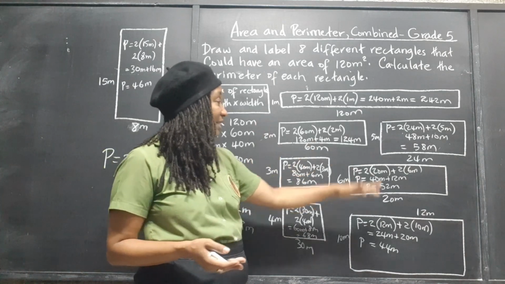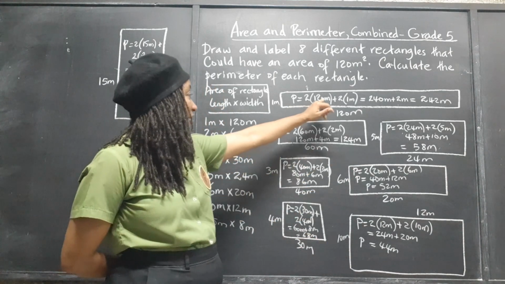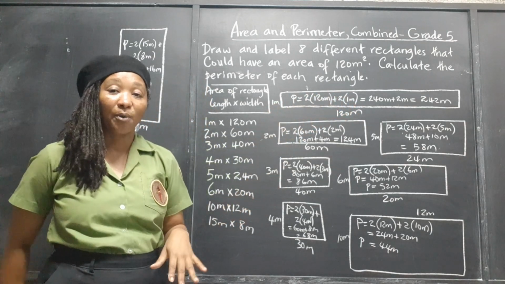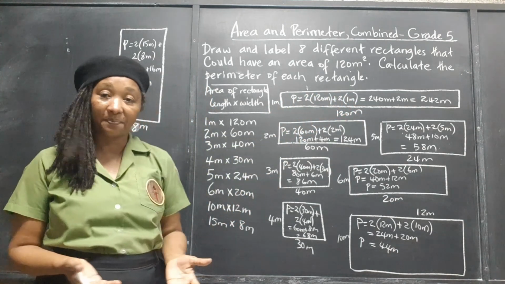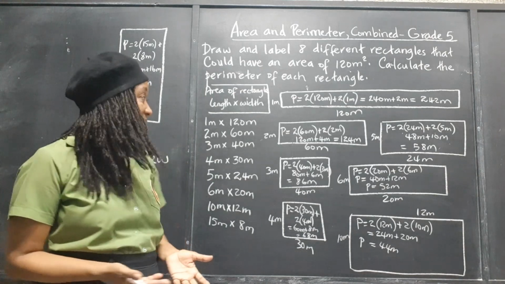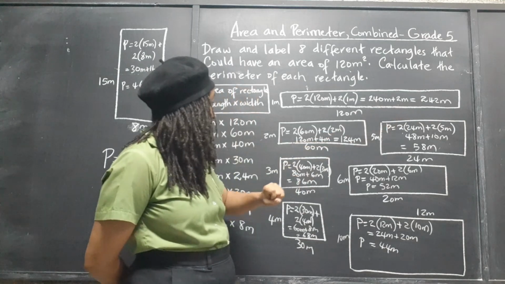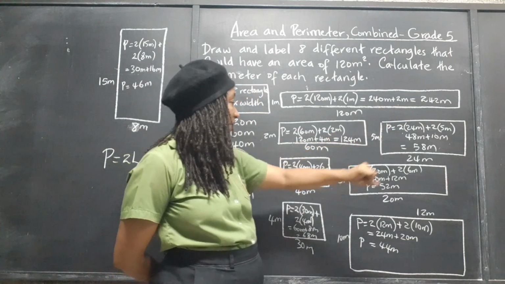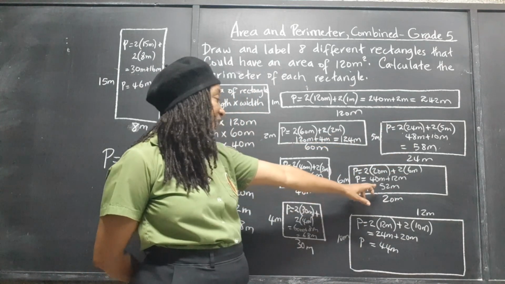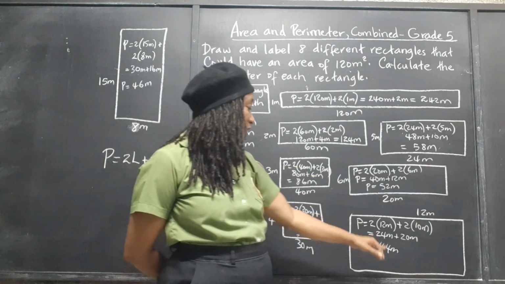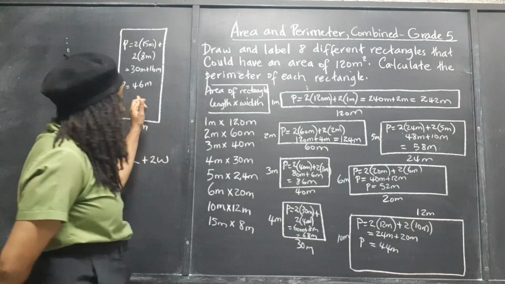For all these rectangles, we multiplied the length by 2 and the width by 2 and added them together, and we found that none of them have the same perimeter. The perimeter for this one, 242 meters, 124 meters, 58 meters, 52 meters, 86 meters, 68 meters, 44 meters, 46 meters.